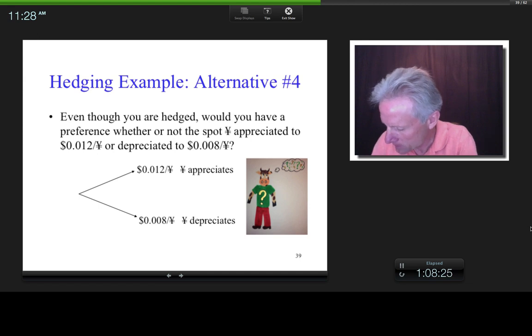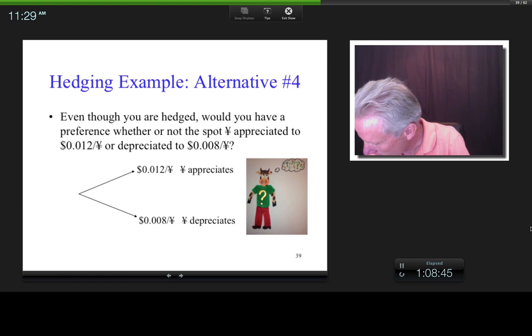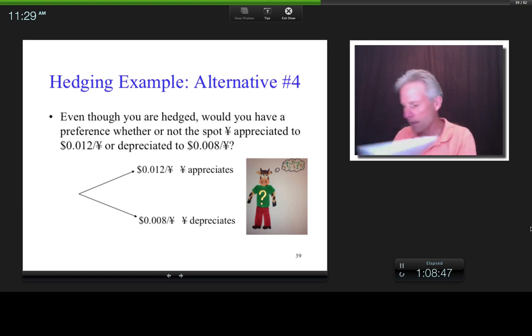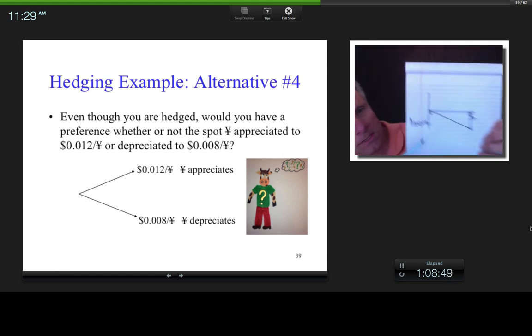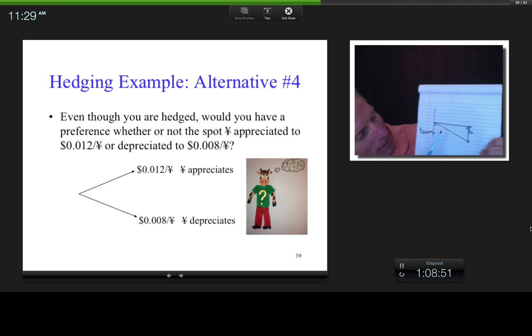Okay, so let's say this is day 90 and that's day 0. And so basically, over time, you'll have received minus $200,000. Okay, so it kind of looks like this. If this is day 0, this is day 90.